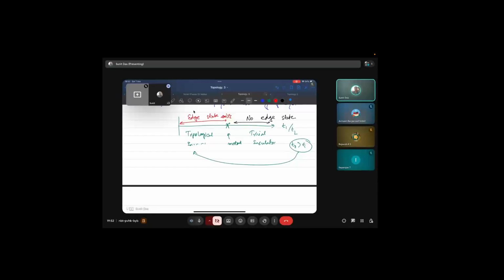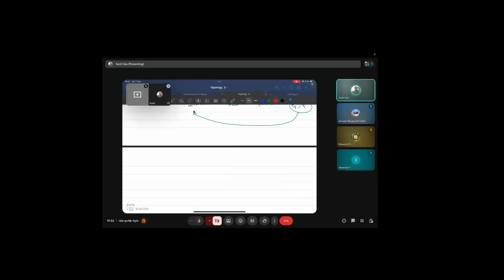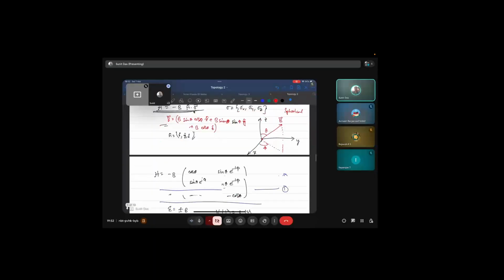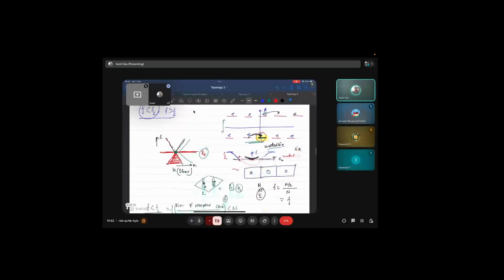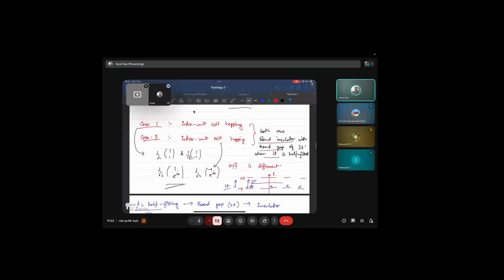So the key conclusion is that, what do we mean by topological bulk? If you consider the bulk wave function, earlier we were calculating the bulk wave function, right? So we calculated the wave function for case one and for case two.